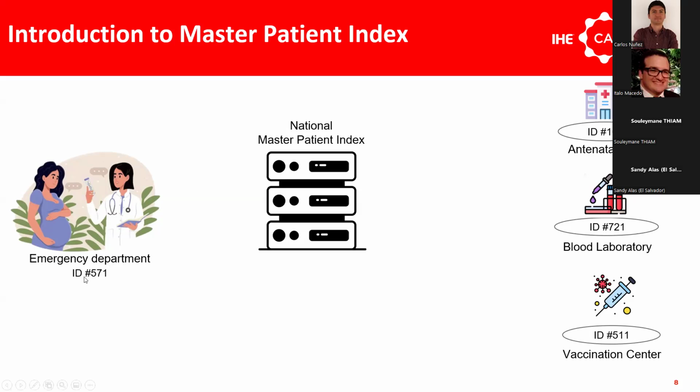The first thing to do is to find how the laboratory system identifies Brenda. So the emergency department system will send a request to the MPI to say, okay, this is how I identify Brenda, but I need to retrieve the ID of Brenda in the laboratory system. So the MPI will provide the right information.